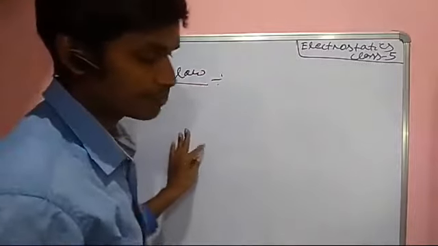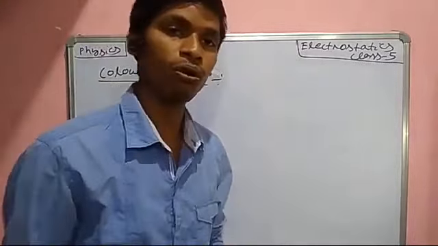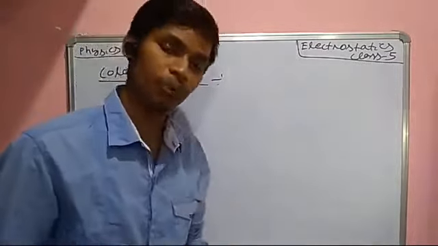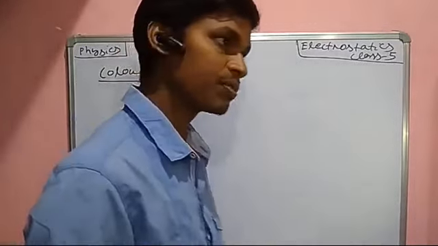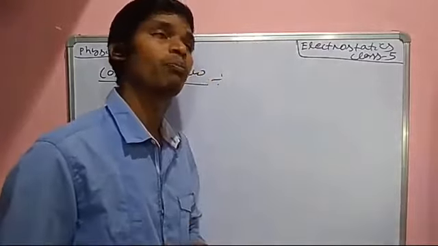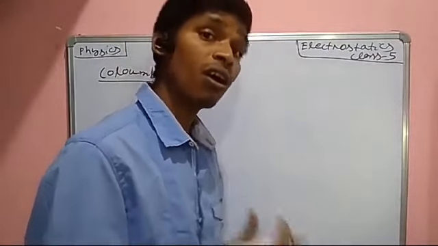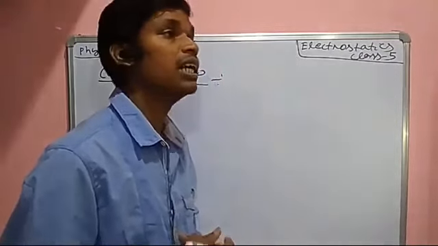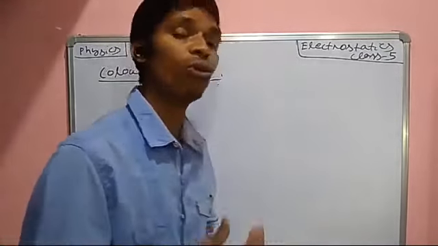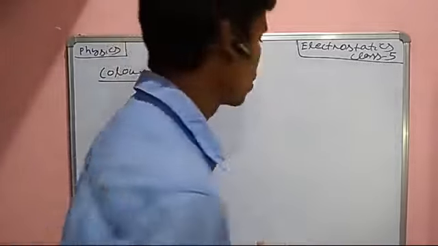Coulomb's law states that the force of attraction or repulsion between two charges at rest is directly proportional to the product of the magnitude of the two charges and inversely proportional to the square of the distance between them.